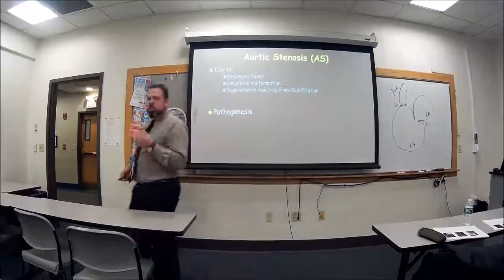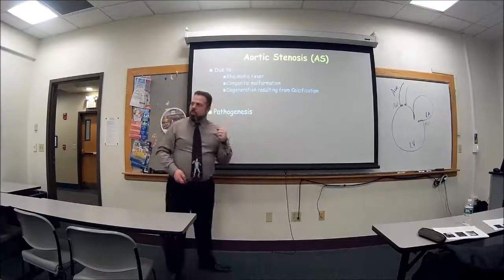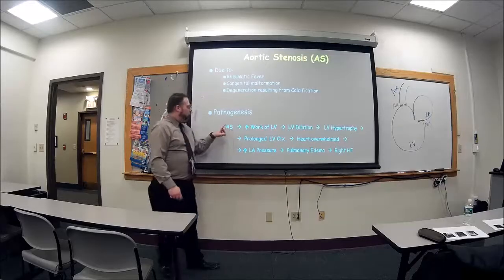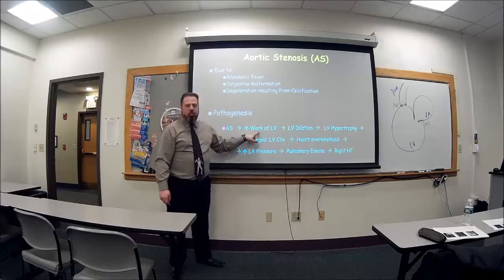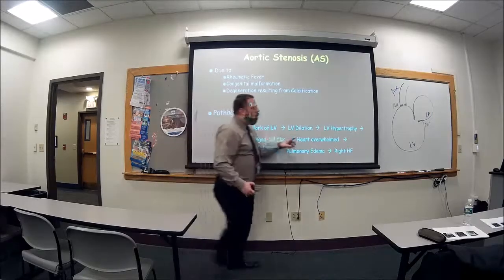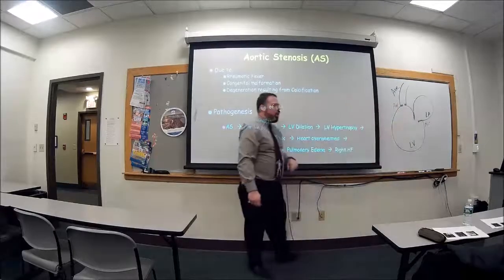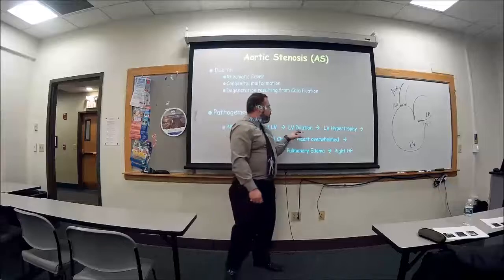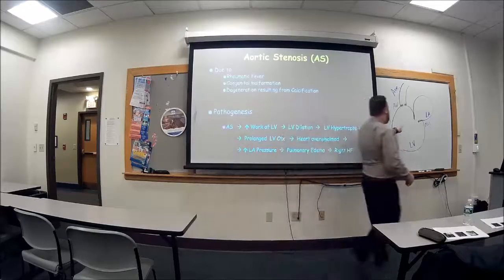Regurgitation, we do the same thing. And as I do this, look over there and you can see it all together. If you have aortic stenosis, now you're going to have an increase of workload to the left ventricle. The left ventricle is going to try and squeeze all that blood into that little pinhole. There's going to be more work going on there, which means that the left ventricle is going to dilate because there's going to be more blood sitting in here.